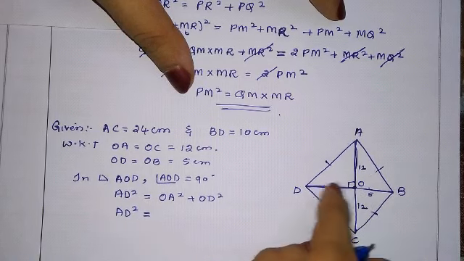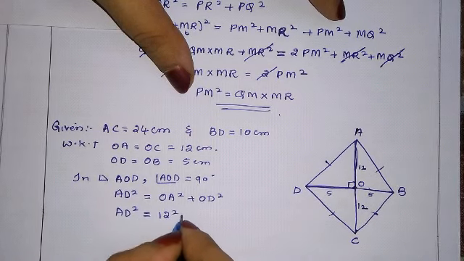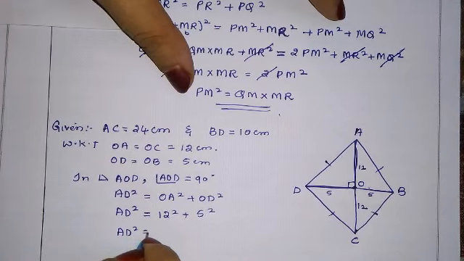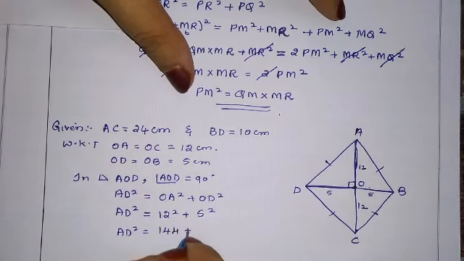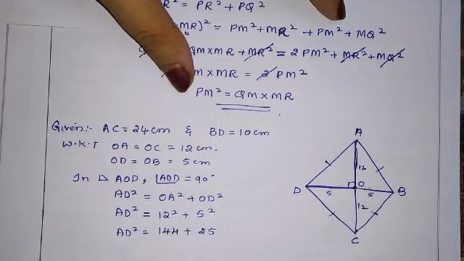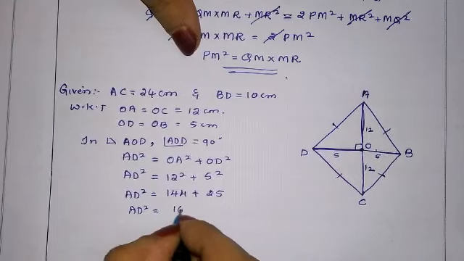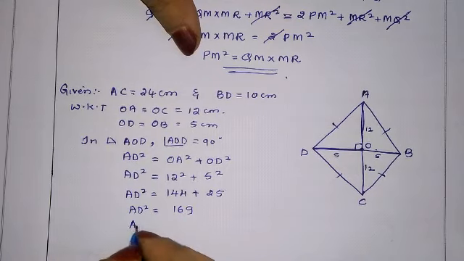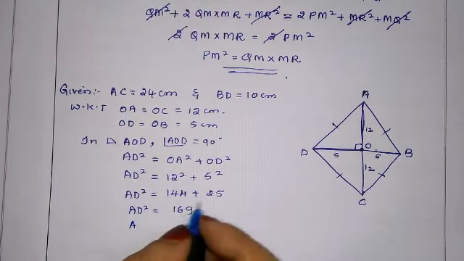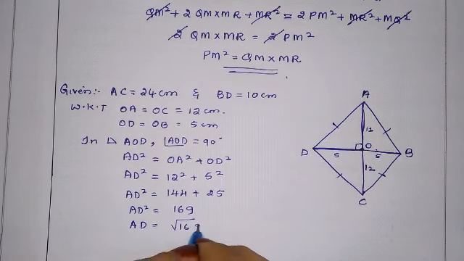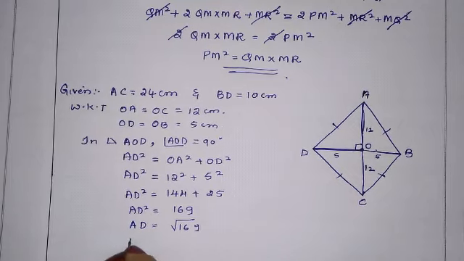AD square is equal to OA, we got 12 square, plus OD 5 square. AD square is equal to 144 plus 25, and we got AD square is equal to 169. AD is equal to root of 169, so AD is equal to 13.